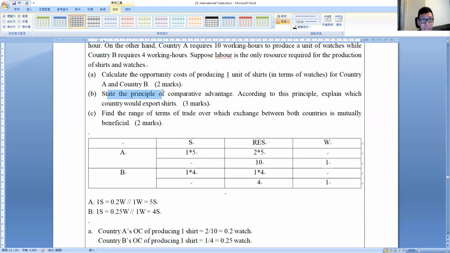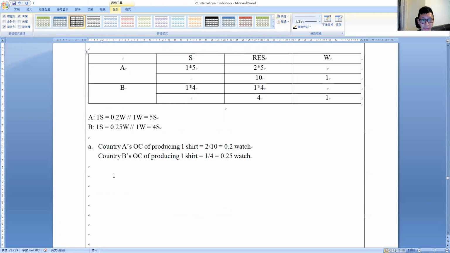Now for B, we state the principle of comparative advantage. This one, you will be asked, in examination it really asks. Therefore, you must recite.